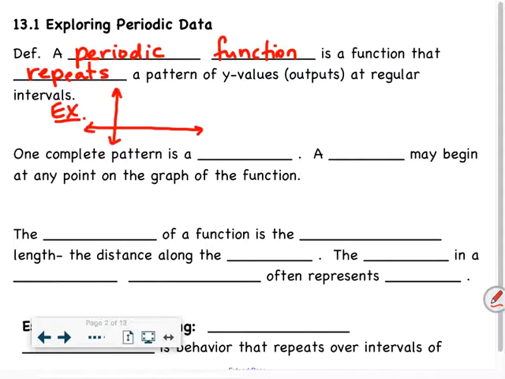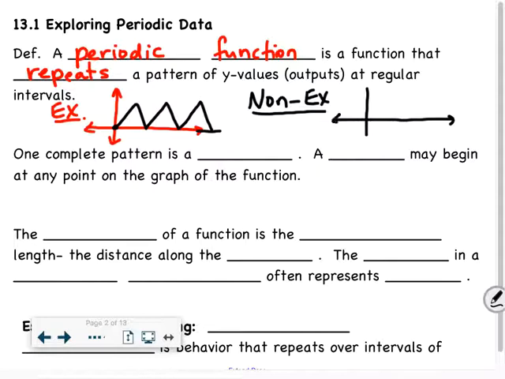So, let me change colors here so you can see it better. If I have, or on a graph, I'm going up to the exact same heights in repeated intervals, then that is what we call a periodic function. Here is a non-example.